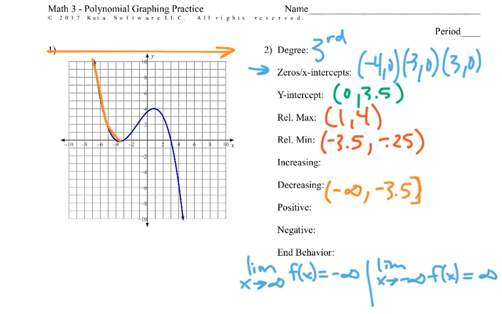Okay. Then we'll increase from that negative 3.5, because remember, we're only dealing with the x variables for our intervals, till we hit about 1. Okay. Then we start decreasing again, so we jump, and we're decreasing from 1 till positive infinity.